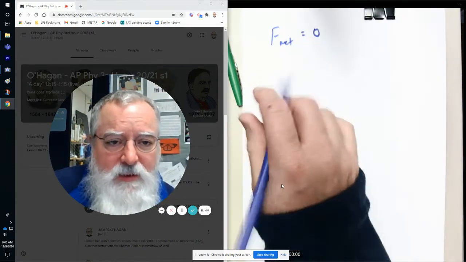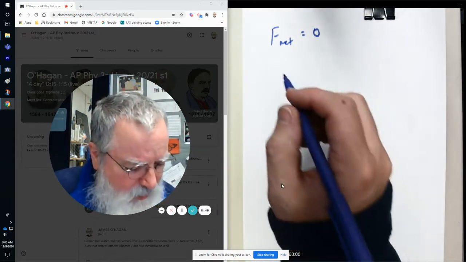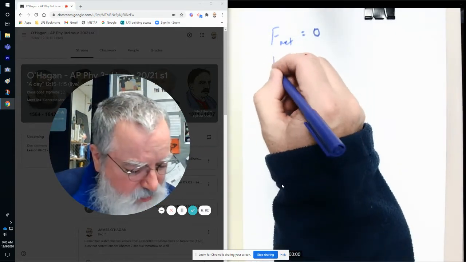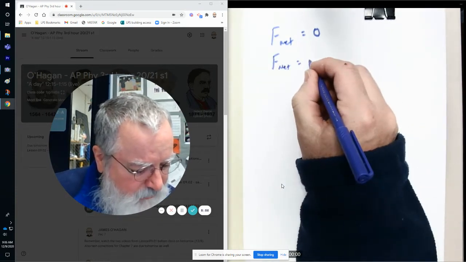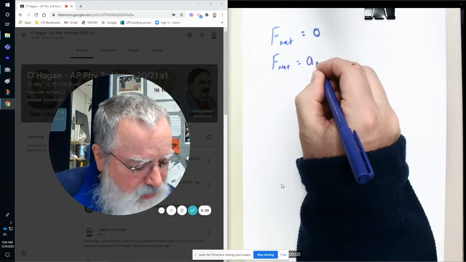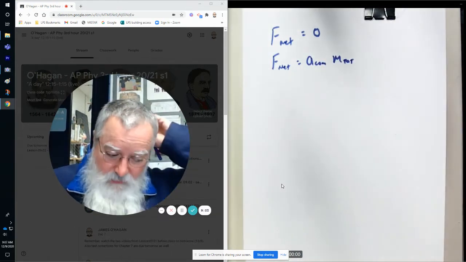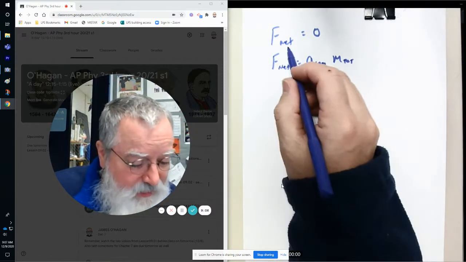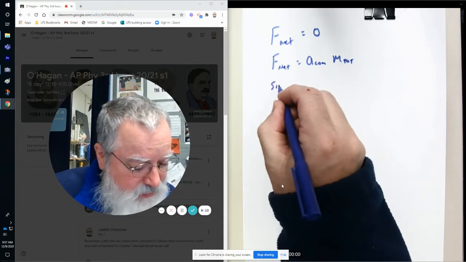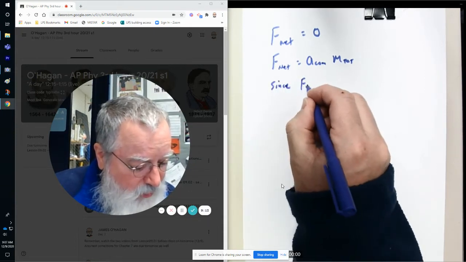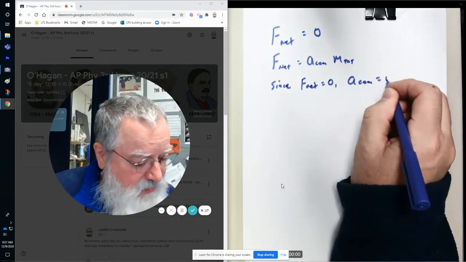Now let's look at net force the old-fashioned, mass-is-constant way, going back to Newton's second law. Force net is equal to acceleration of the center of mass times the total mass. If the net force is 0, then acceleration of the center of mass equals 0.